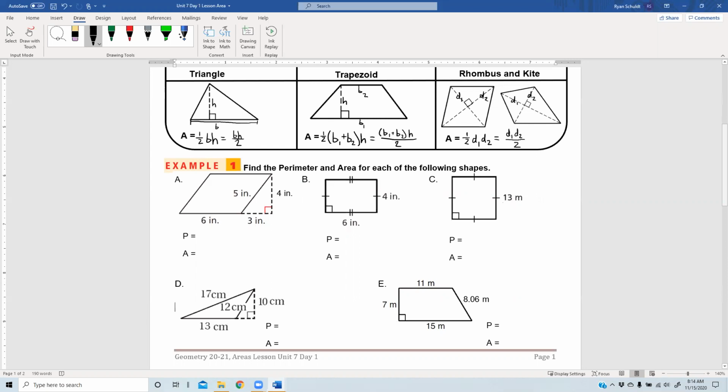Okay, for this parallelogram, our sides are what's in bold black here, not the dotted, just solid. So for perimeter, we just add them up. 6 plus 5 plus 6 plus 5. That would get us 22 inches. There's our perimeter.